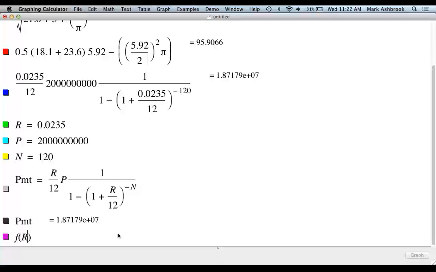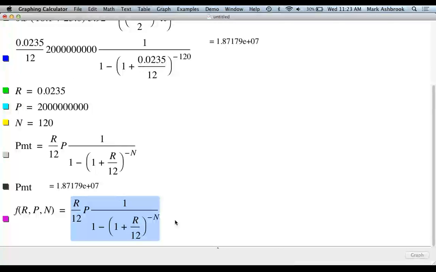So go capital R, comma, capital P, comma, capital N. You're telling it that you're about to give it a rule that involves R, P, and N that's going to crank out an output with those inputs. All we have to do is highlight that and copy it, and then come down here to the question mark and paste it, and we've just established our function.